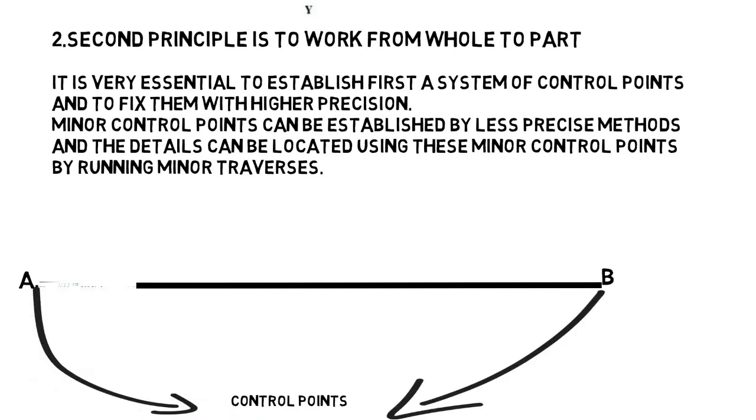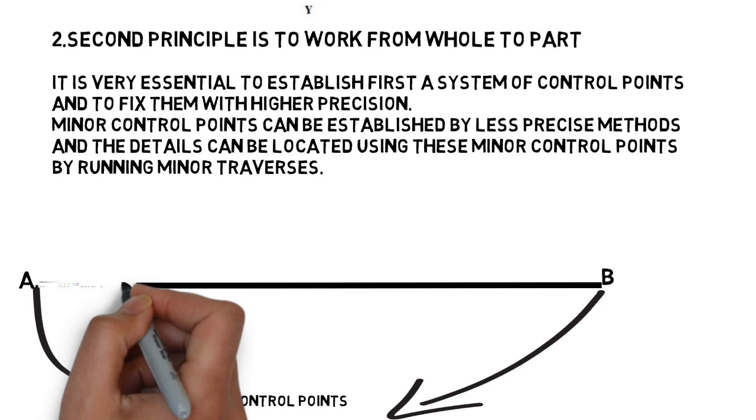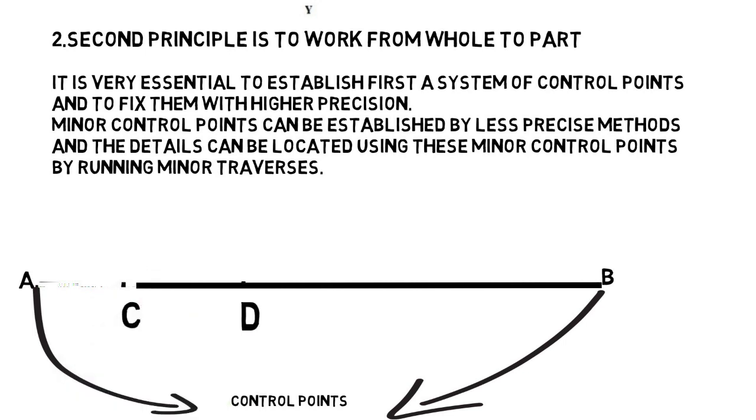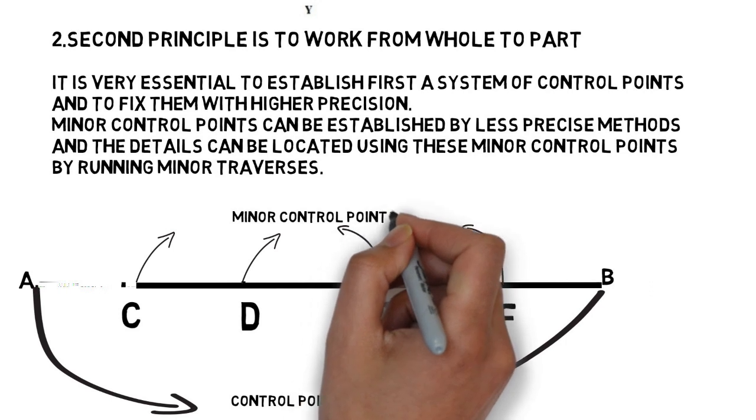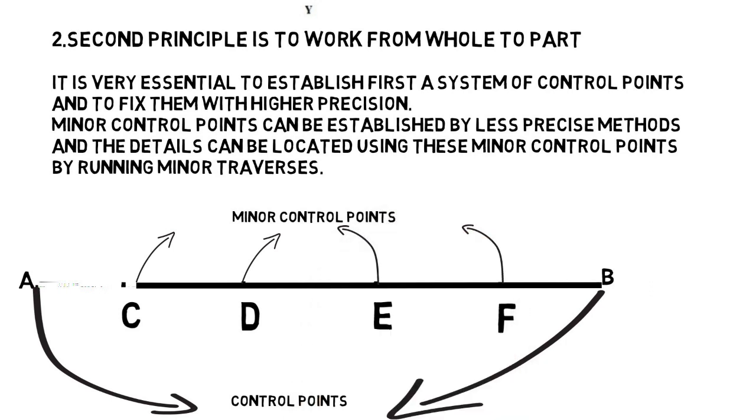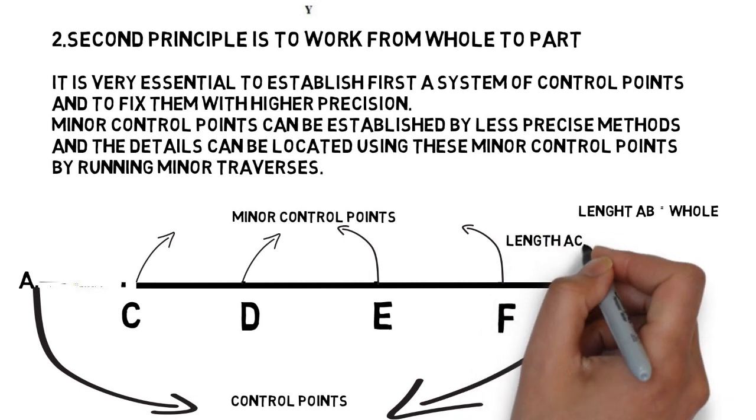Now here we are going to divide the line AB into many parts by taking intermediate points such as C, D, E, F. The intermediate points we are going to call minor control points, whereas A and B are said to be control points. The total length of A to B is going to be the whole, and this line we are going to divide into parts.